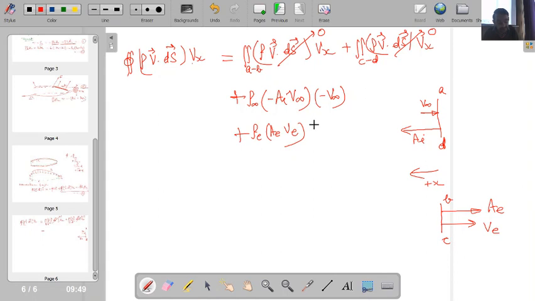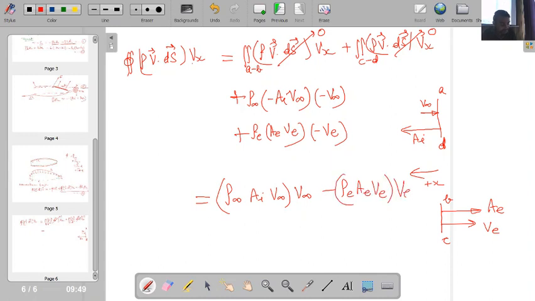So that will be nothing but minus of V. And ultimately I will get from here rho infinity AI V infinity minus rho E AE VE times V.